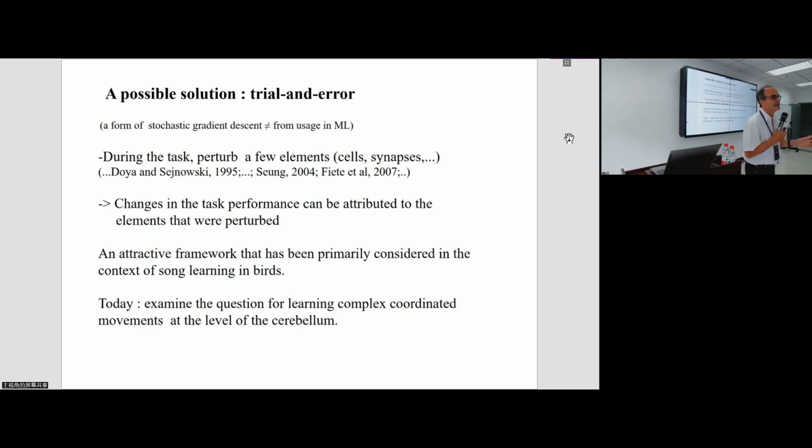So the idea that has been proposed is to perturb some neurons, see if the influence is good or not, and then do potentiation like this. And this is the kind of thing I want to discuss today in the context of the cerebellum, to see if we can implement this kind of learning.